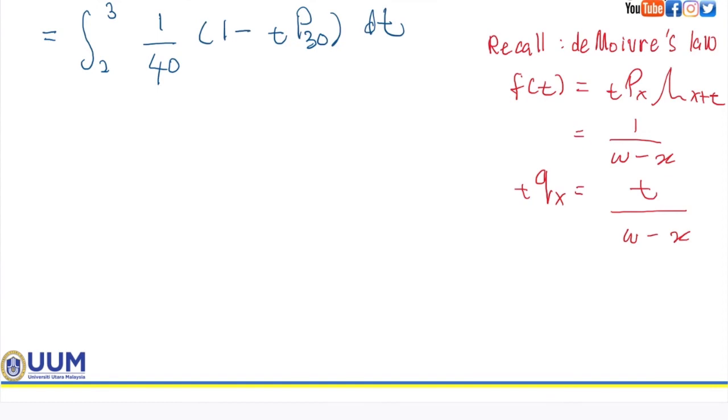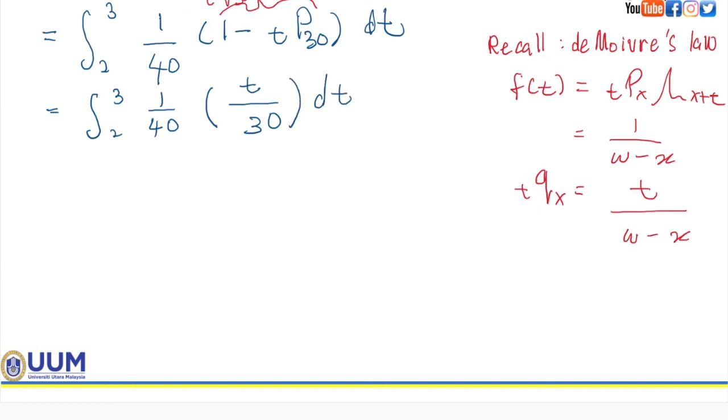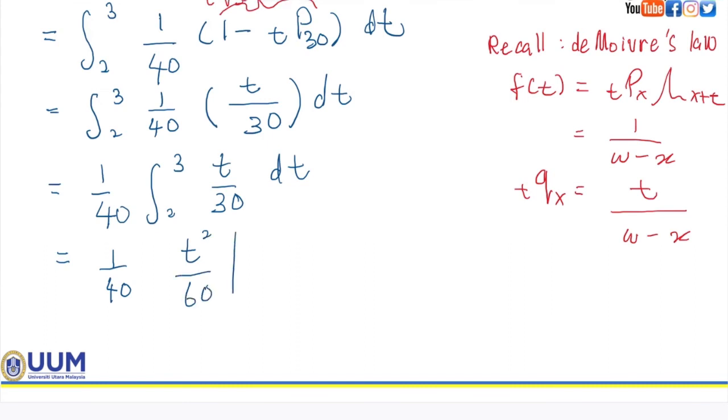So this is TQ30. So the answer is 0.0021.